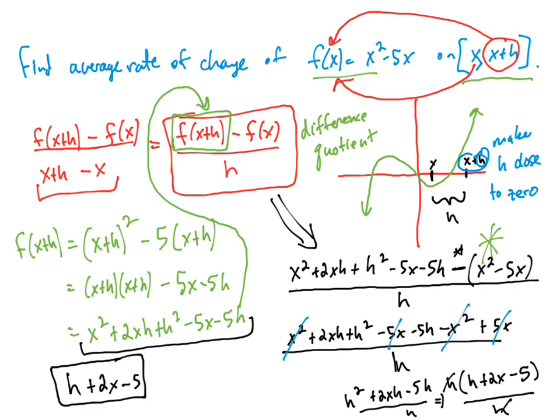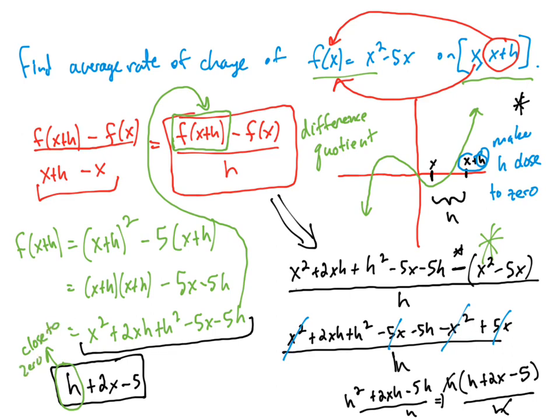So let's just talk briefly about what this even means. Back up here, h is the difference between the first endpoint of the interval and the second endpoint of the interval. So h is just that distance. So when we're talking about making that interval smaller and smaller, this value is going to get really close to 0.